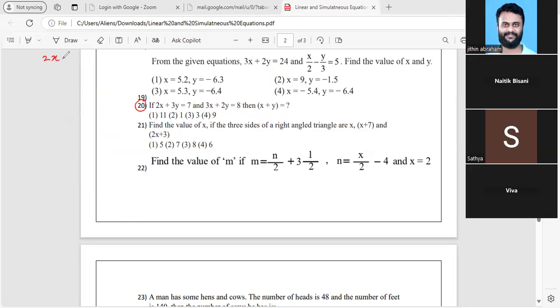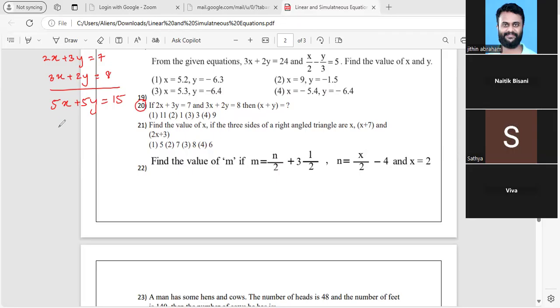So 2x plus 3y is equal to 7, and 3x plus 2y is equal to 8. Let's see whether it is possible for us to find the sum directly. If I'm adding this, what will happen? 2 plus 3, I'll get 5x. Again, 3 plus 2, I'll get 5y. Then I'll have 7 plus 8, it's 15.